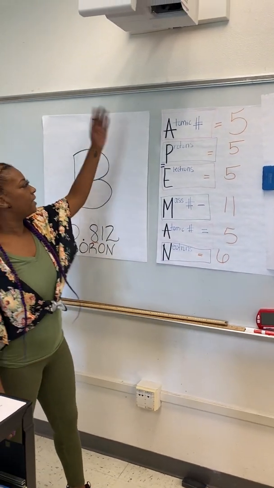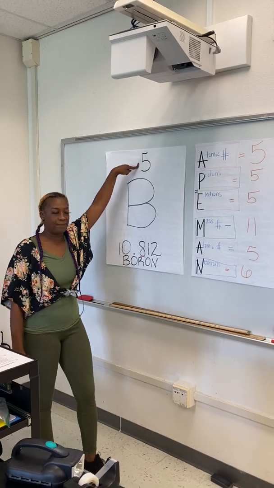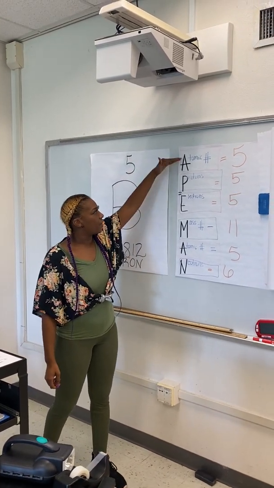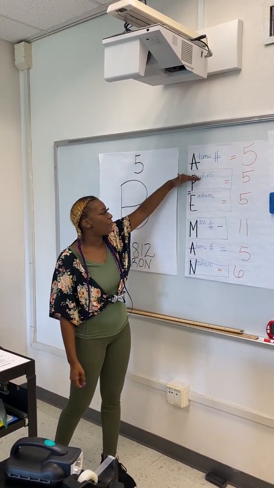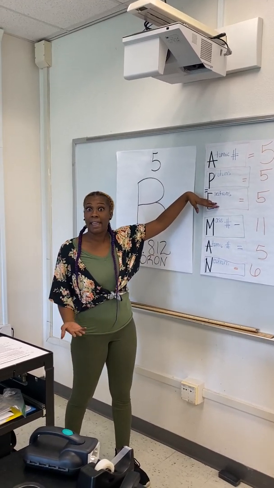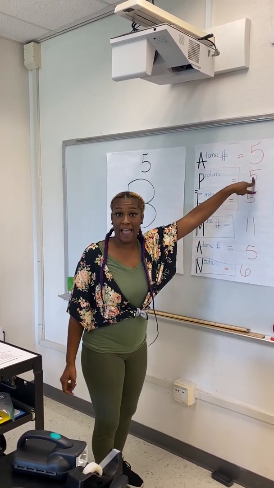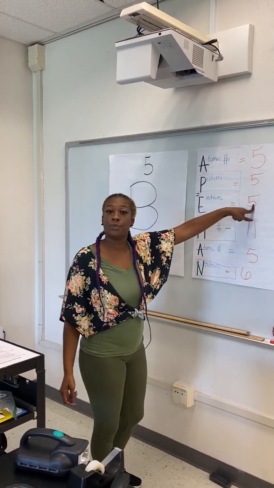Okay? So let's go back up to the top. The atomic number for boron is 5. If atomic number is equal to the number of protons, which is also equal to the number of electrons, then equal means the same. If the atomic number is 5, then protons will be 5, electrons will be 5 as well.